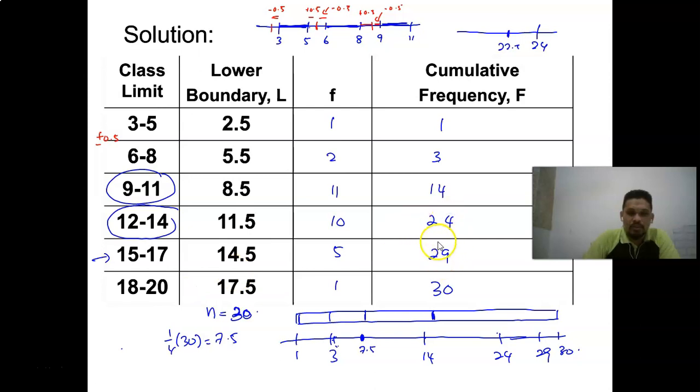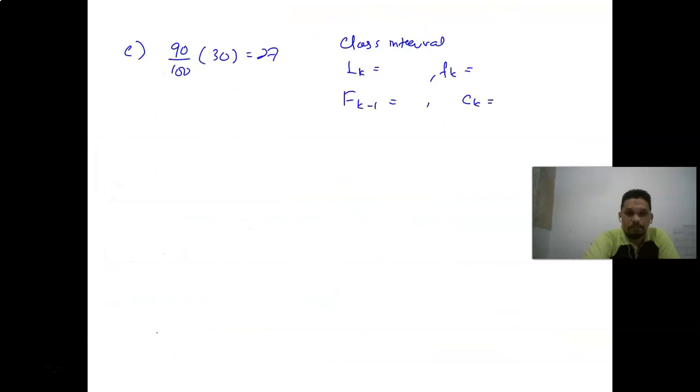So this is the class that we were talking about, the class of 15 to 17, where the lower boundary of the class is 14.5, the frequency is 5, and the cumulative frequency of the class before is 24, and the size of the class equal to 3.